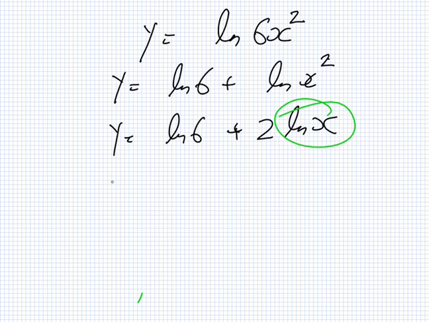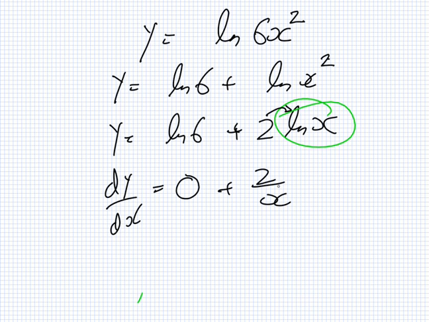What is the derivative of log 6? 0. Why is it 0? There's no x in it. What's the derivative of log x? 1 over x. So it'll just be 2 over x because the 2 is multiplying. So the answer is actually 2 over x.